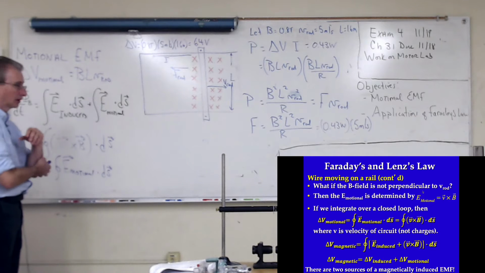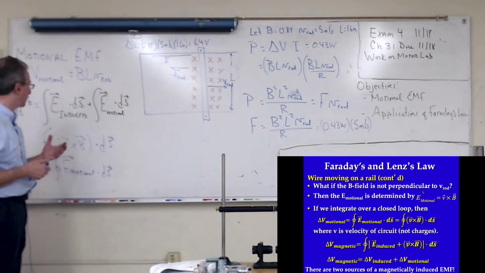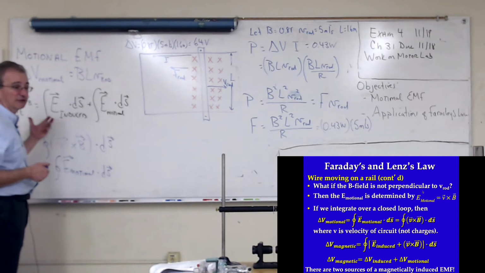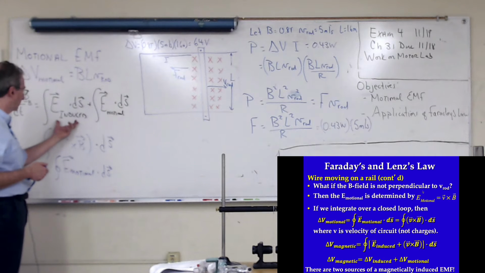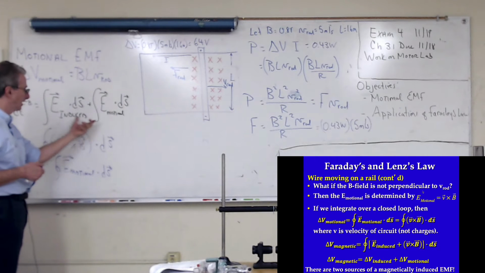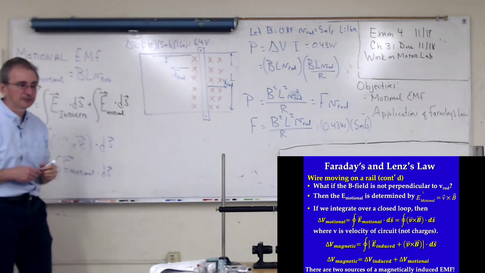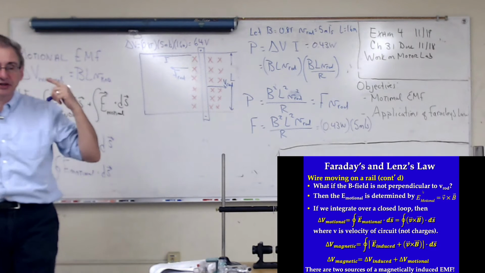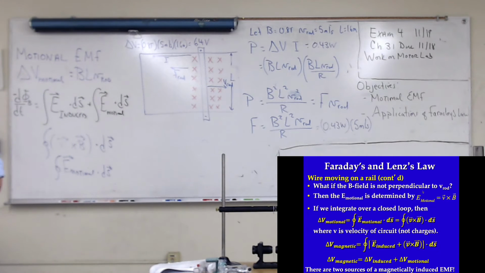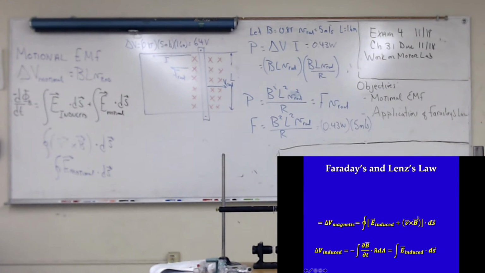And so the time rate of change in flux could really be written in terms of two terms, the induced one and the motional one. So we have two sources of a magnetically induced EMF, which is kind of unusual in physics. You have two really explanations that can occur for the same phenomenon.